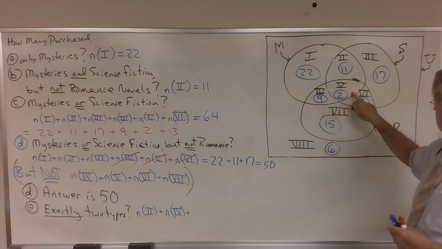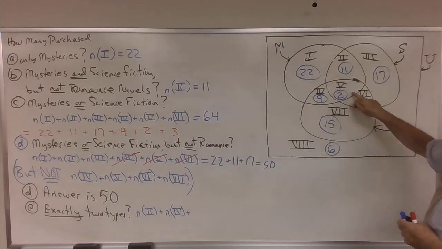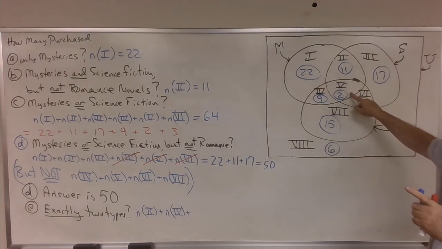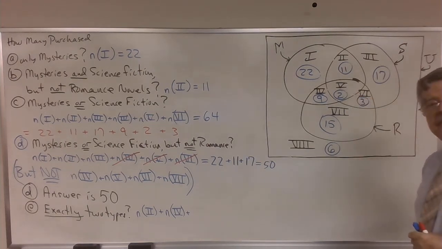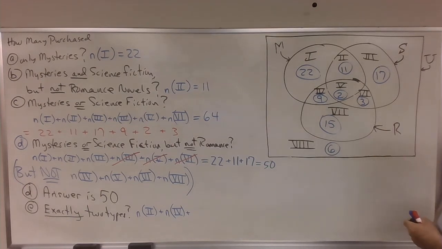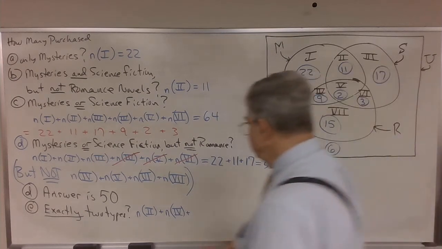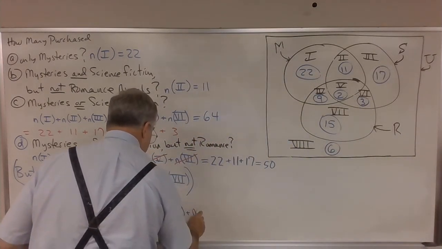Region 5. Is it contained in exactly 2 circles? You know, it's not. Region 5 is contained in all 3, isn't it? So region 5 doesn't work. What about region 6? It's in the S circle. It's in the R circle. But region 6 is not in the M circle, is it? So region 6, yeah, it's contained in exactly 2 circles. So region 6 will work.